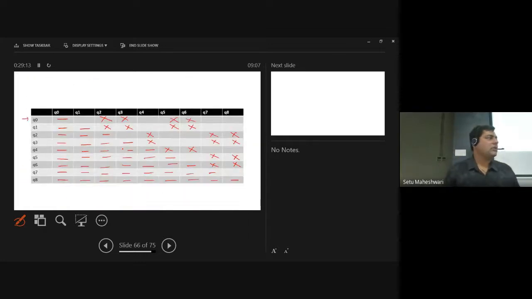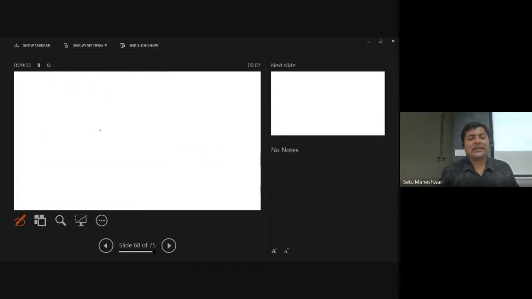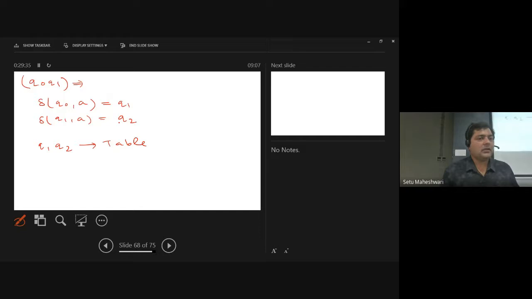So Q1, Q2, is it X? Yes or no? If it is X, or a small x, right now it is a cross, but it may be either a cross or a small x also. In any case, you will pick up the original entry, and the original entry is Q0, Q1, for which we were working.